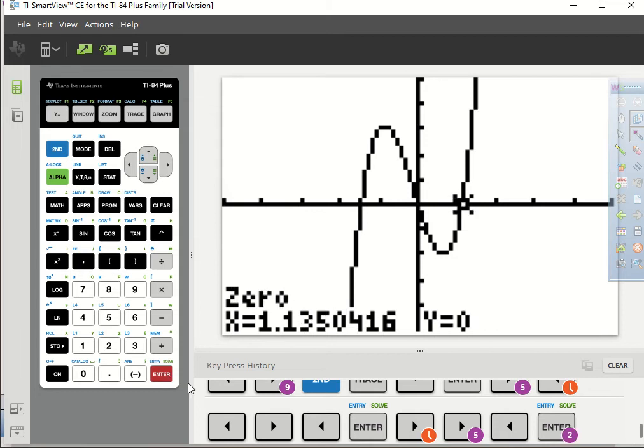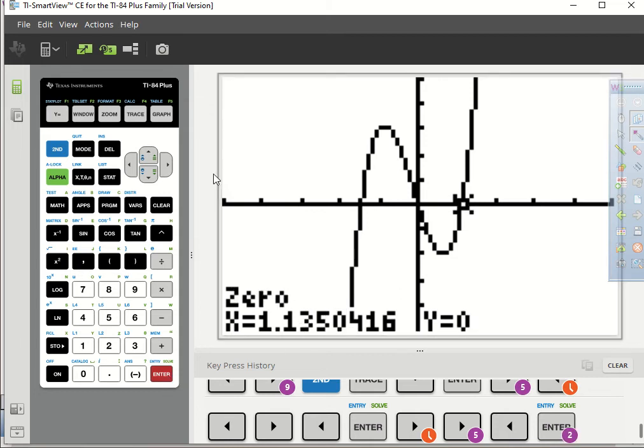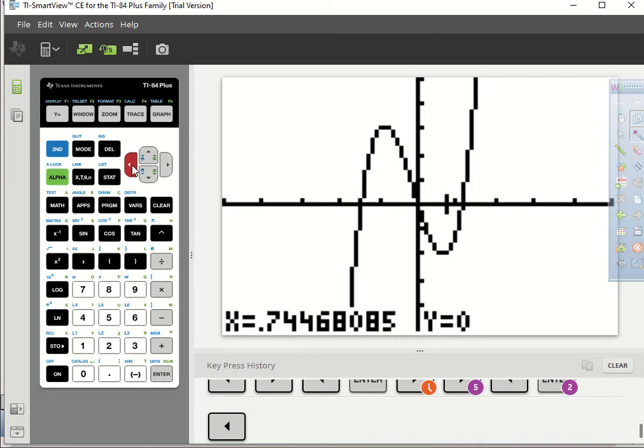So it looks like we have a 0 at about 1, and we also have one at about negative 1.5. So you're going to go ahead and write those both down, at 1.1-ish and negative 1.5.